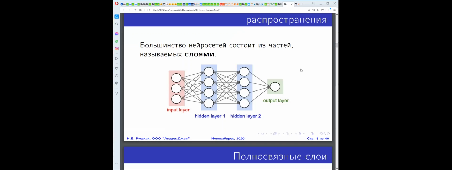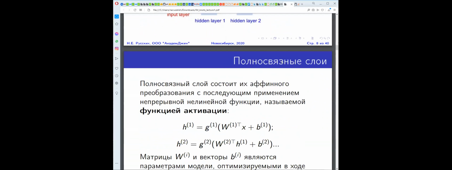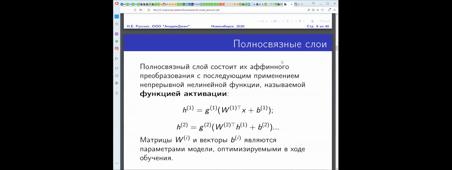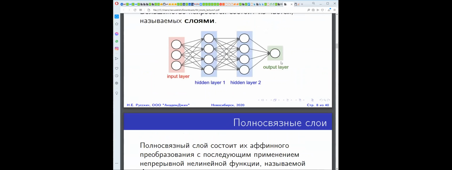For node recognition tasks, our networks would not be like that, but we'll consider it later. For now, let's consider some mathematical background for these fully connected layers.